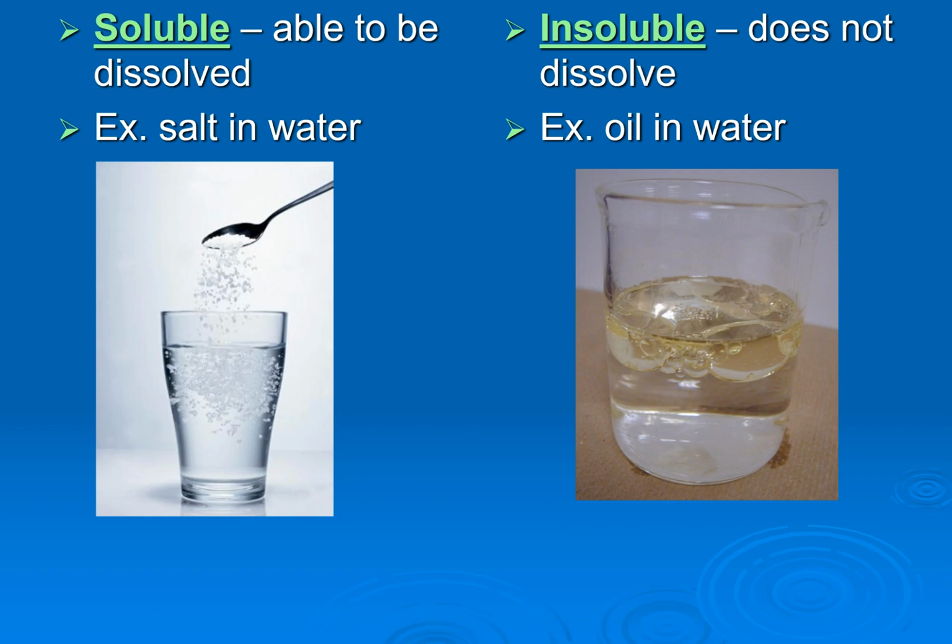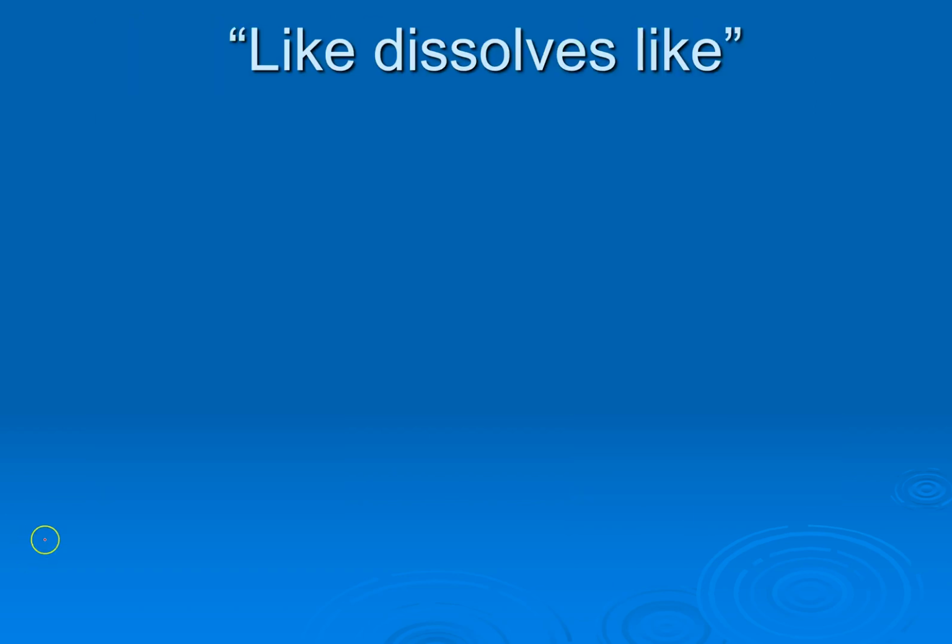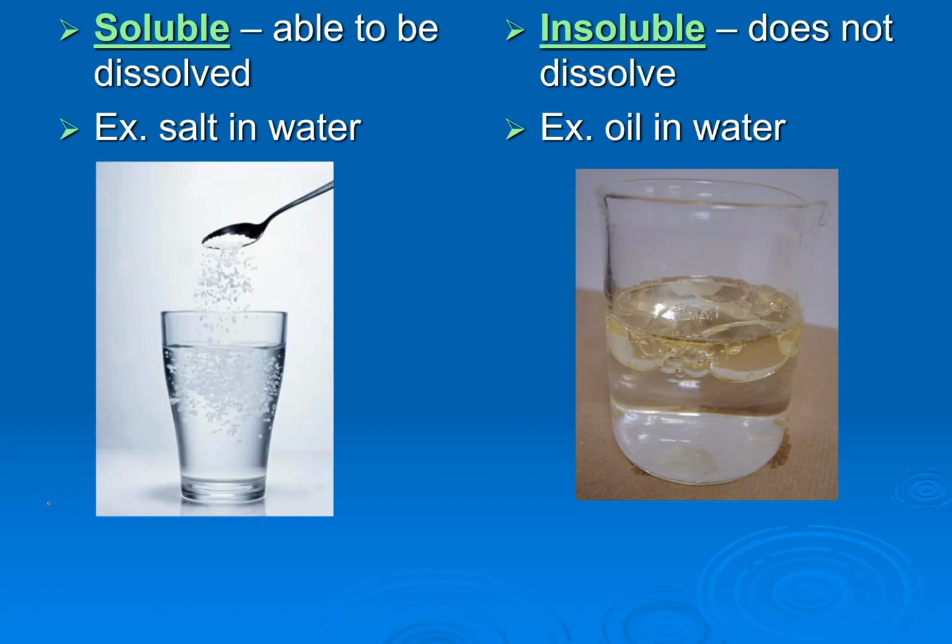You can dissolve it to where you're not going to see the individual pieces, because remember, we want to make a homogeneous mixture. After this picture, if we were to stir in the salt, you're not going to be able to see the individual salt grains anymore. It will be a homogeneous mixture.